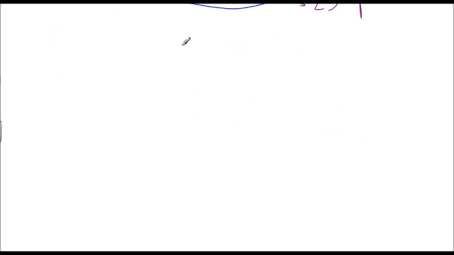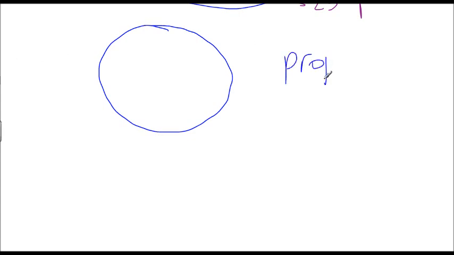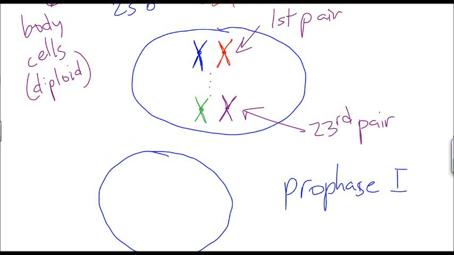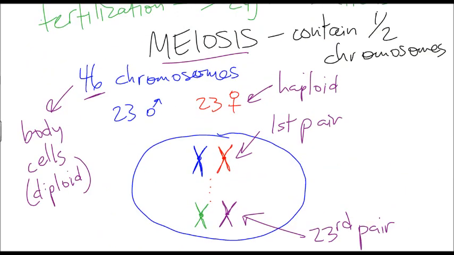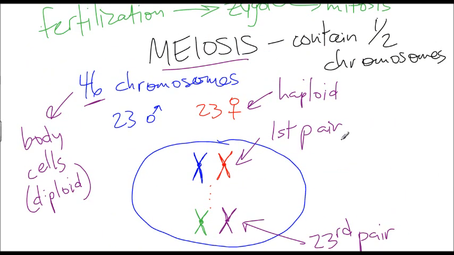So the first stage of meiosis, and I'm going to simplify this, is referred to as prophase 1. And in fact, going back to meiosis, one thing I forgot to state is that meiosis actually comes in 2 phases, right?